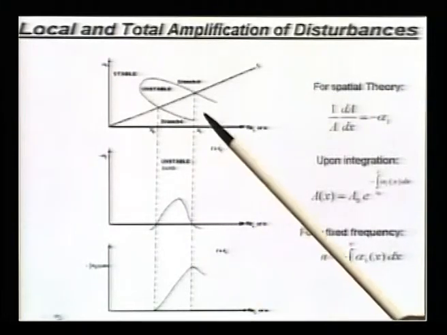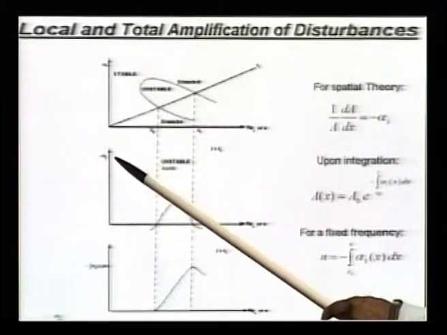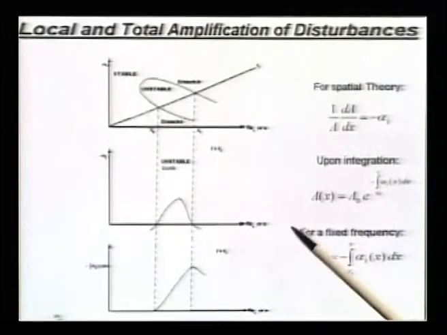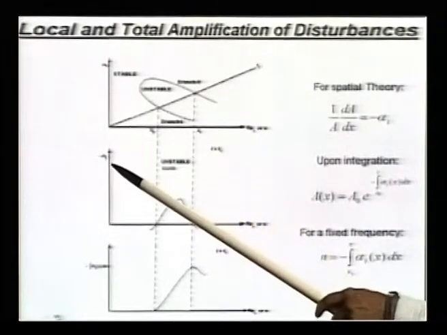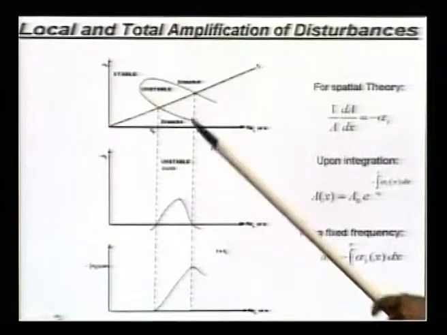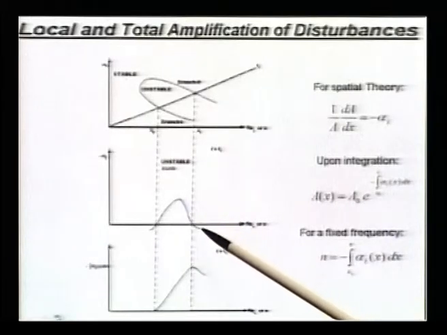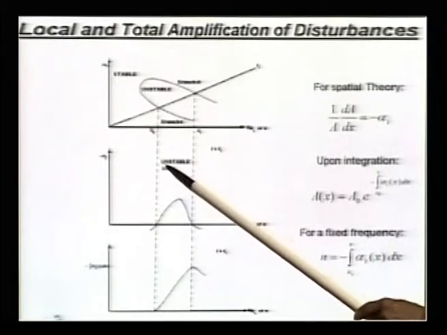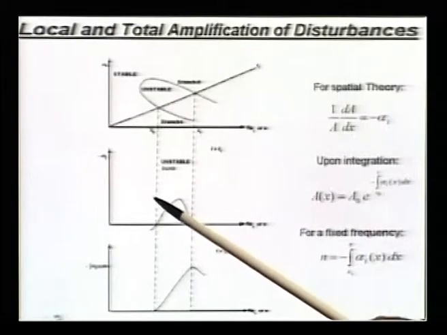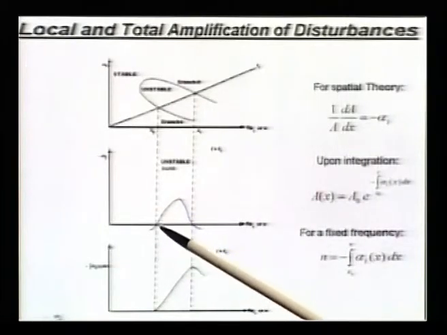So, what happens is, if I now plot minus alpha I versus x, then between these 2 points I would have growth, the unstable region, right. So, this is the unstable band, and outside these I will have alpha I as positive. Okay.